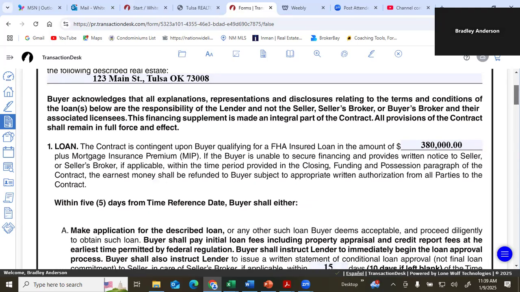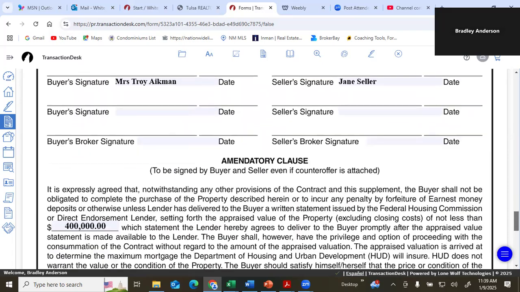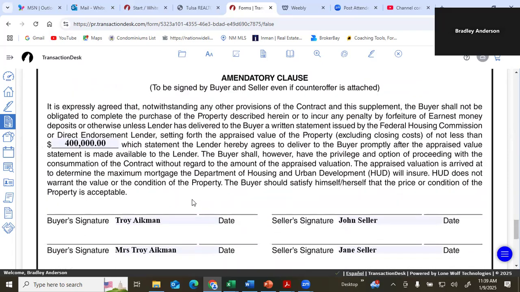Okay. So the appraisal has to be at least 400,000. Okay. So it says it can't be less than. So if the purchase price is 400 and appraises for 410, you're still good to go. It just has to at least appraise for the purchase price.